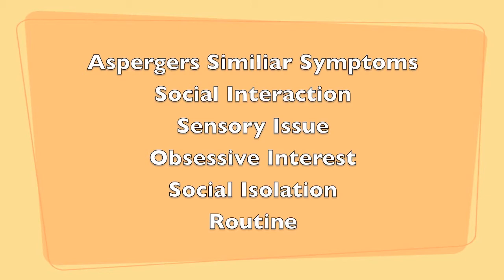The main ones are difficulties with social functioning, particularly in the rough and tumble of a school environment; sensory issues, where they are oversensitive to bright light, loud sounds and unpleasant smells; obsessive interests with a focus on one subject to the exclusion of all others; social isolation and struggles to make friends due to a lack of empathy and an inability to pick up on or understand social graces and cues, such as stop talking and allow others to speak; and a rigid insistence on routine, where any change can cause an emotional or psychological meltdown.